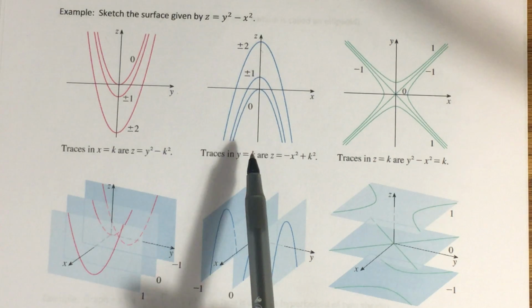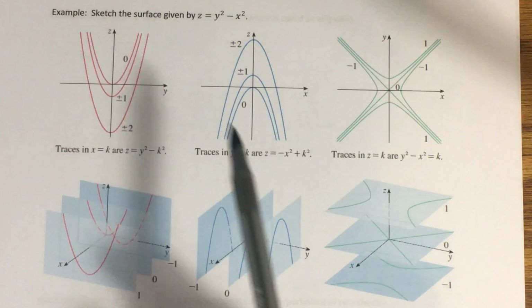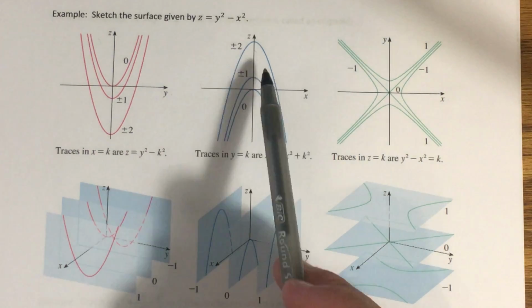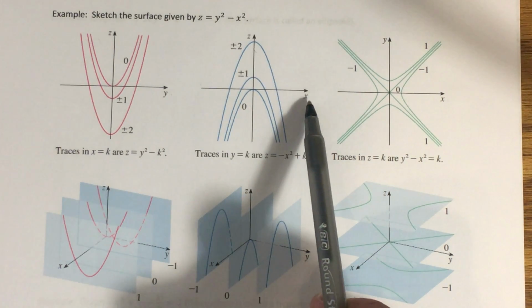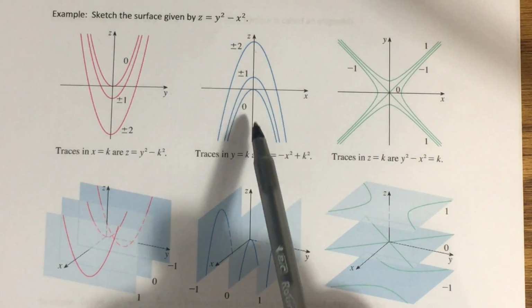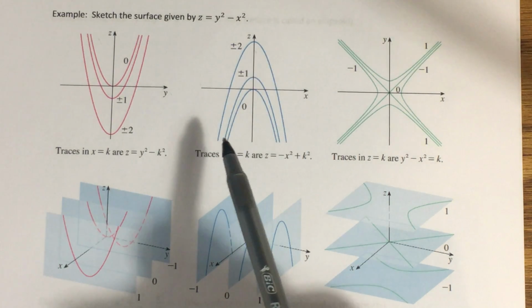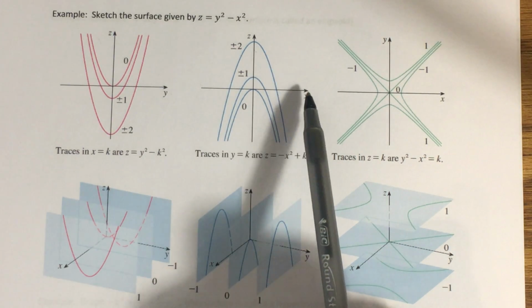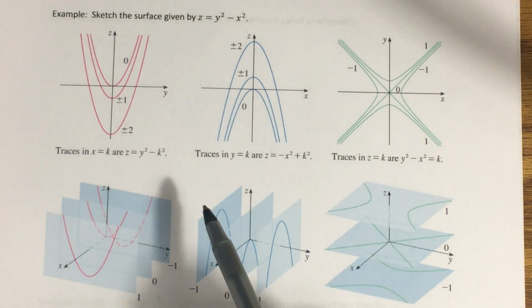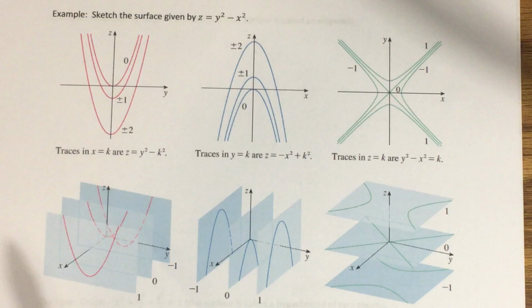Now take a look at this second set of traces right here. These traces are in planes that are parallel to the xz plane. In the xz plane, we're looking at where y is equal to 0, or if we're talking about a plane that's parallel to the xz plane, we're talking about planes whose equations look like y equals k for some constant k.